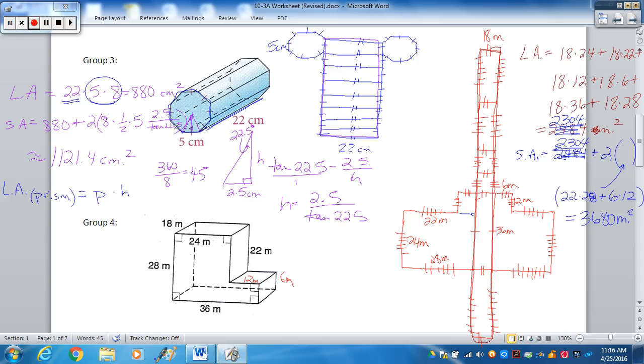And so as we look over here, this one, if I take my perimeter of my base without drawing out the net, here's what we have. We have 28 plus 36 plus 24 plus 22 plus 12 plus 6. Okay? So if I was to take that and add those up there, we end up with this.